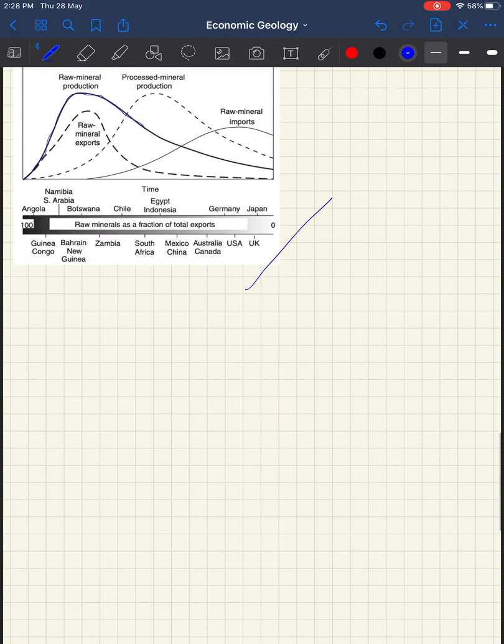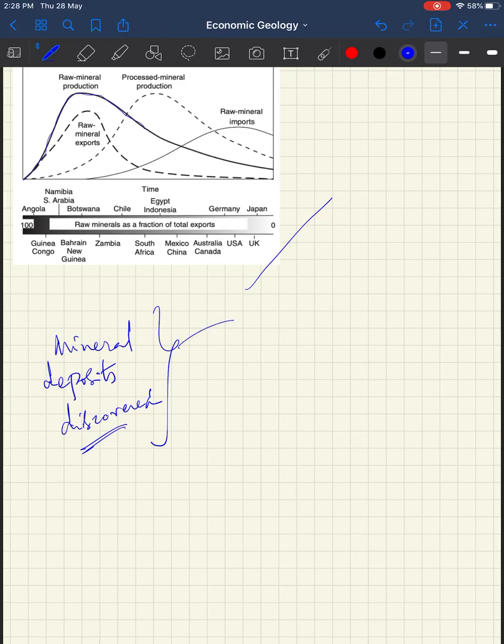So you have basically, in the earlier stage, enough mineral deposits discovered which control the economy of the country, and these mineral deposits are used to develop the mineral based industries. But this is all according to the classic theory.